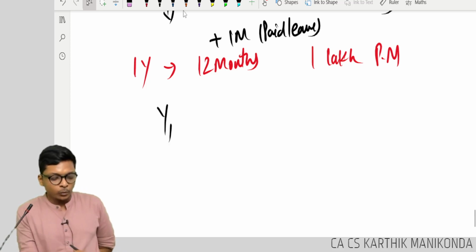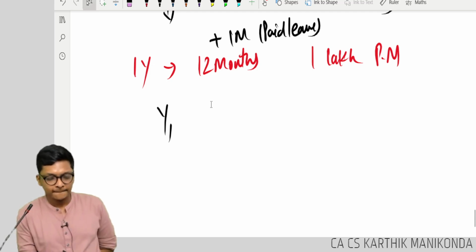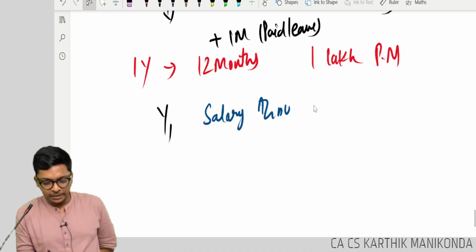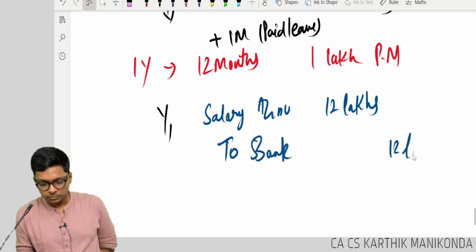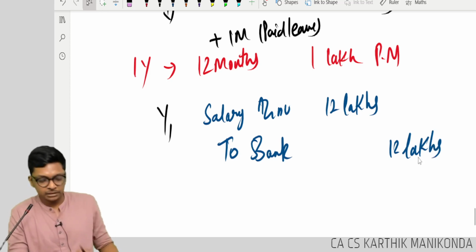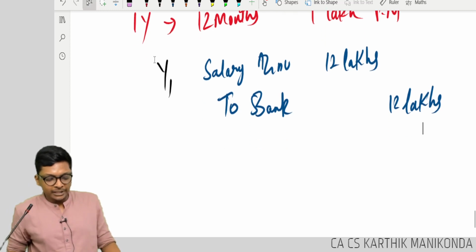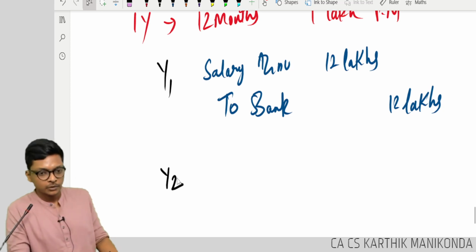Radharam worked for all the 12 months. In year 1, what entry will I pass first to pay him salary? Salary account debit 12 lakhs to bank 12 lakhs. Correct? Now in year 2, follow.